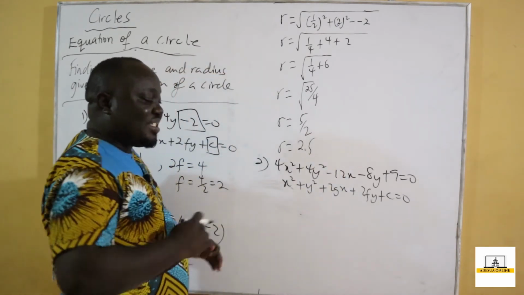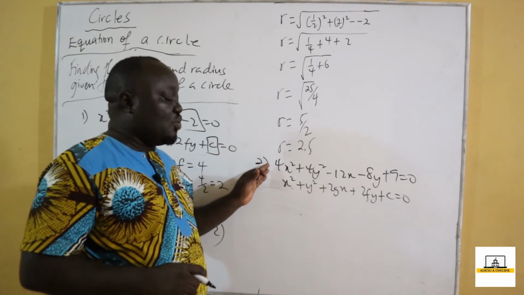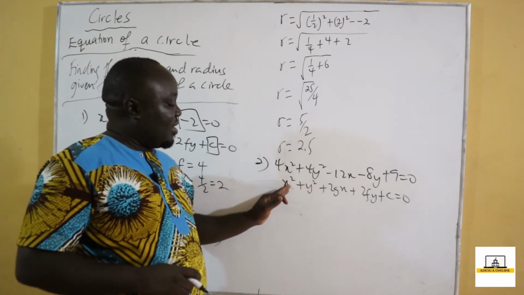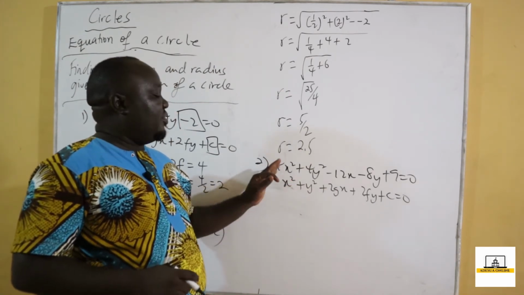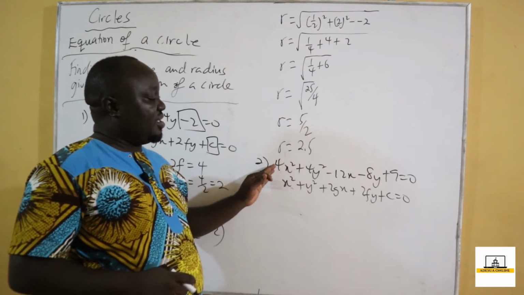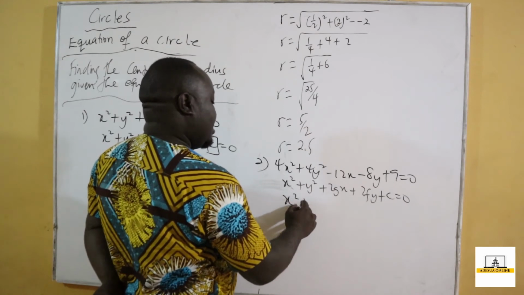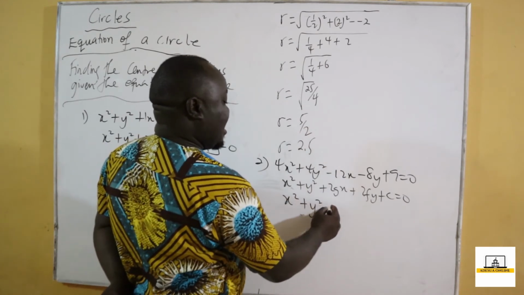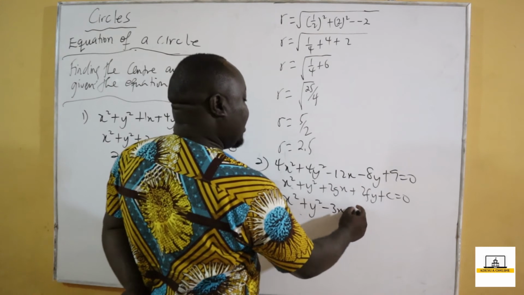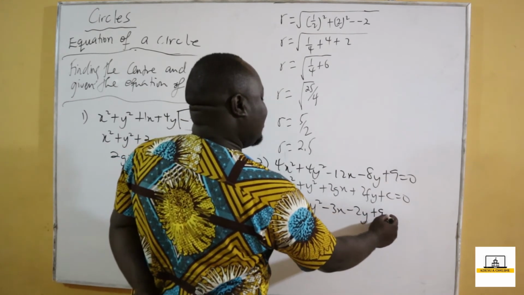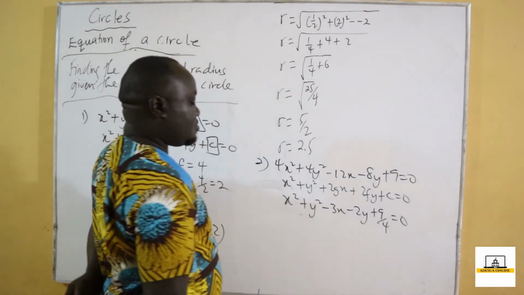So now, the first thing we need to do is change this to become like x squared and y squared, which means we have to divide through the whole of this equation by 4. When we divide through by 4, we shall get x squared plus y squared minus 3x minus 2y plus 9 over 4 equal to 0.